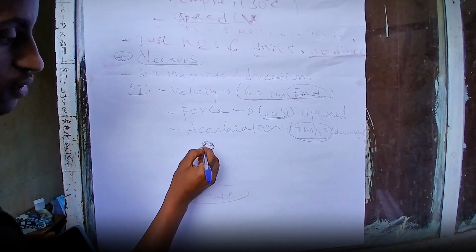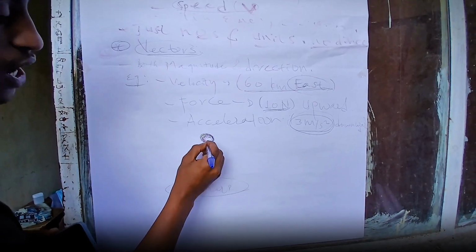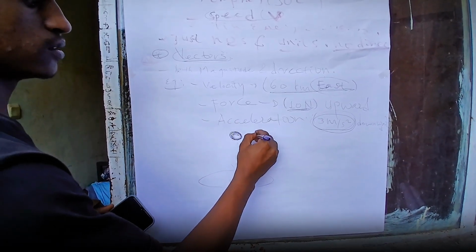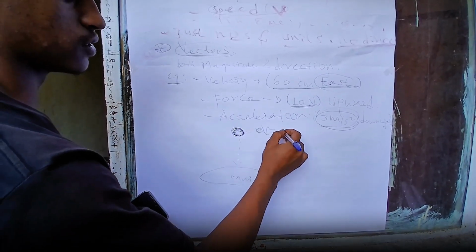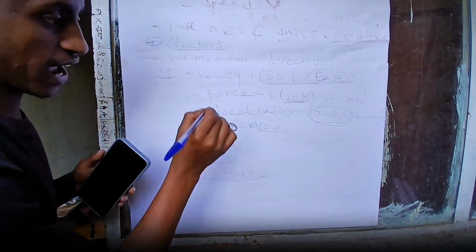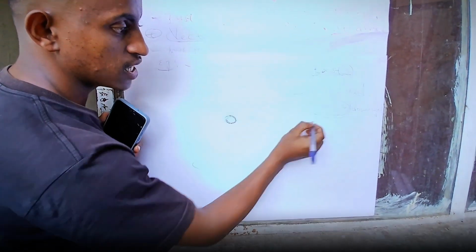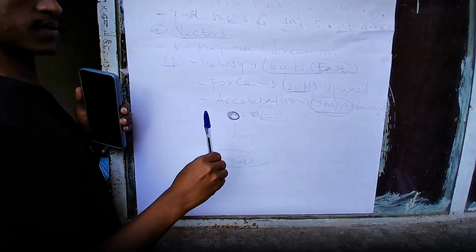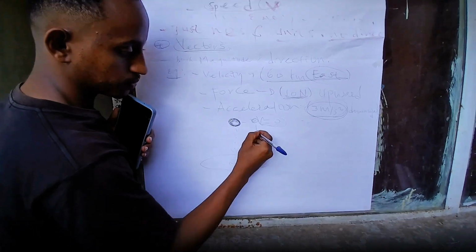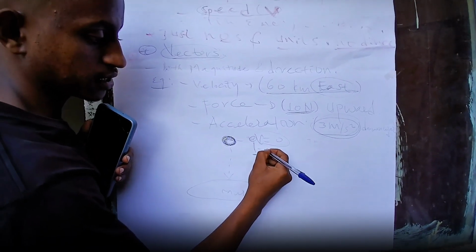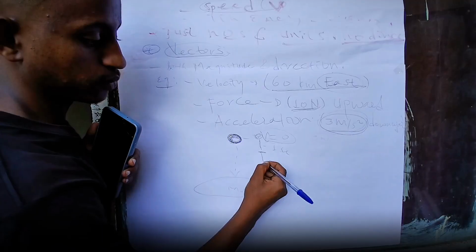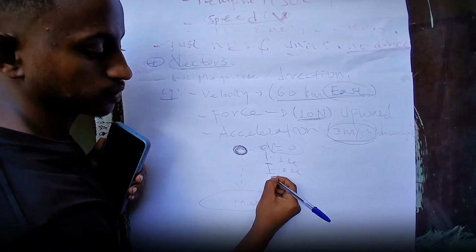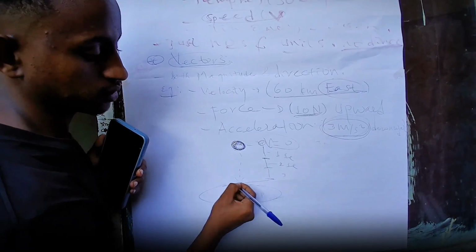If someone drops this ball with zero velocity, then it changes in every second by 3 meters per second. From this point to this point it takes 1 second, then 2 seconds, then 3 seconds, and this is the ground.